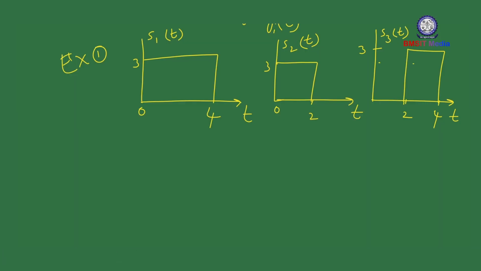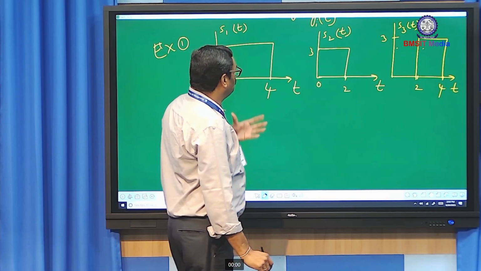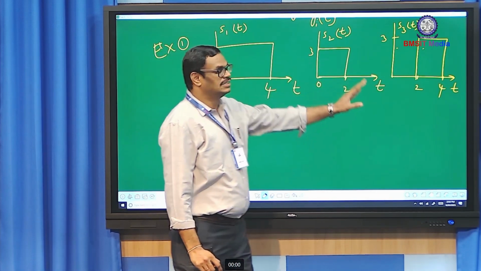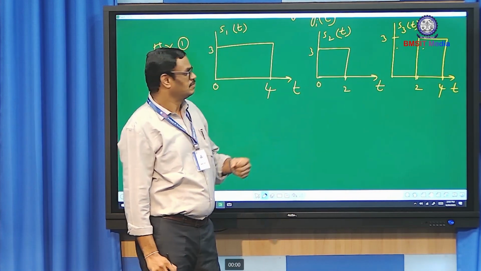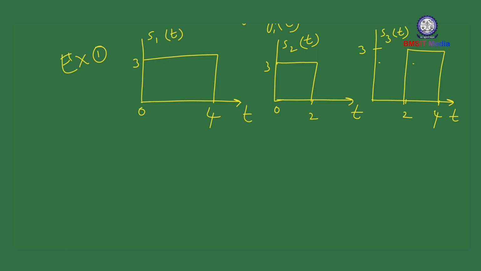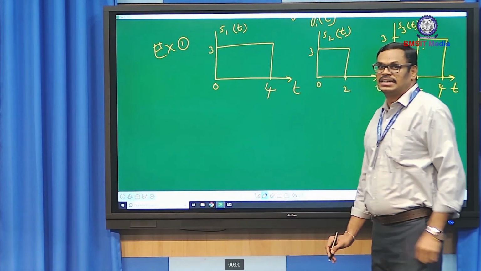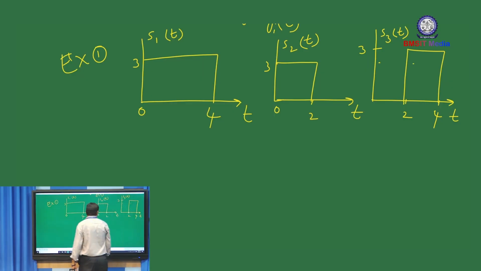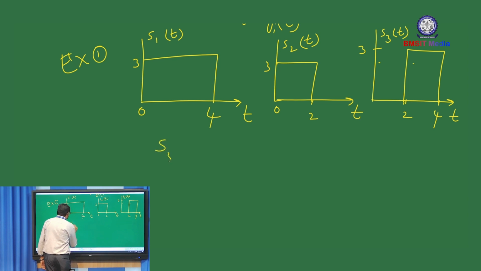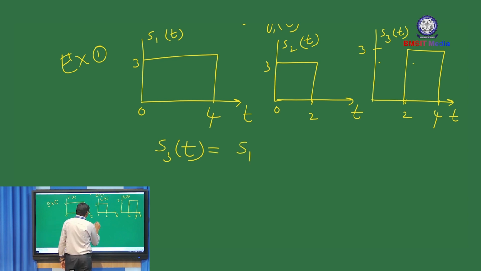Looking at this problem, we first need to find out whether all these three signals are linearly independent or not. Looking at this picture, these three signals are not linearly independent. I can obtain S3 of t by subtracting S2 of t from S1 of t, so S3 of t is equal to S1 of t minus S2 of t.